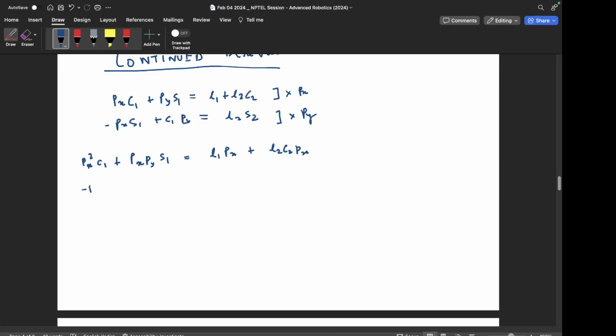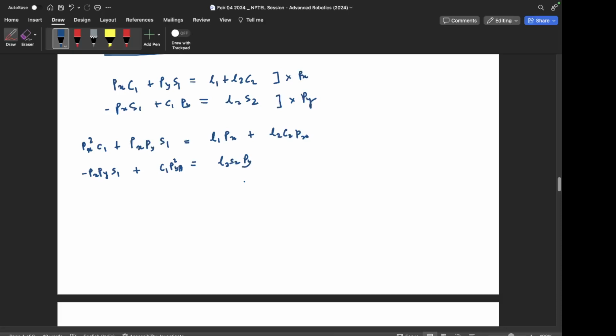And the second equation is Px Py S1 plus C1 Py square is equal to L2 S2 Py.